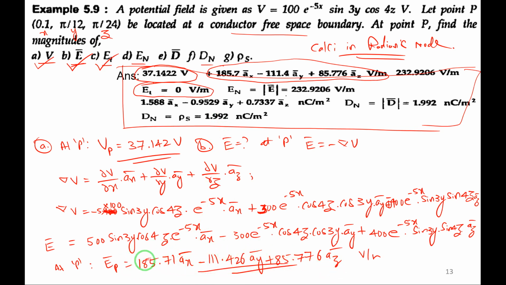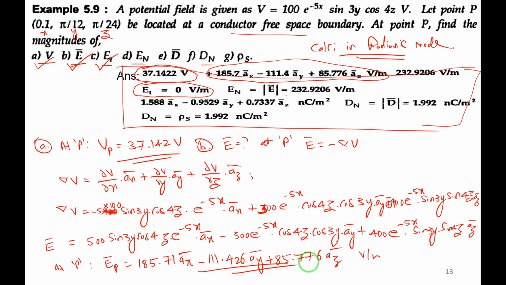Under root of 185.71 square plus 111.426 square plus, third one, 85.776 square.